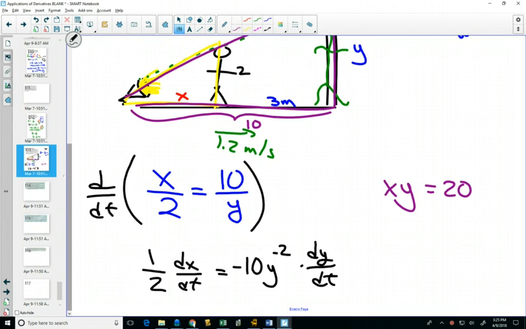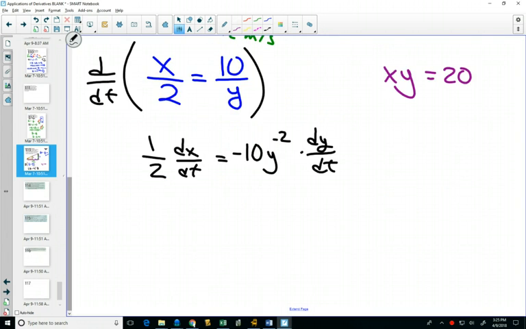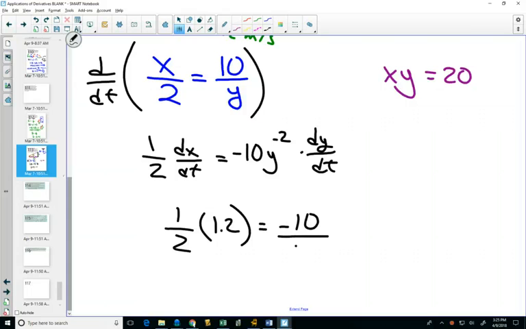So based on what we have here, we have 1/2 dx dt, which we know to be 1.2, equals negative 10 over y squared dy dt.